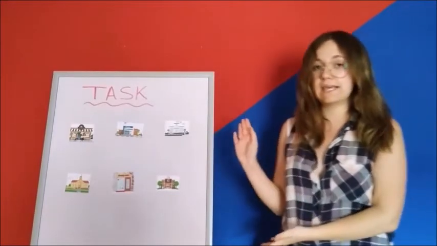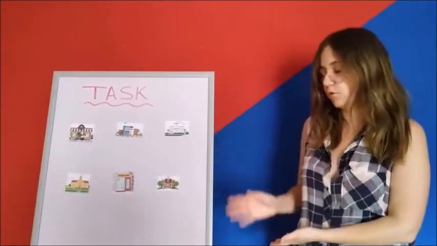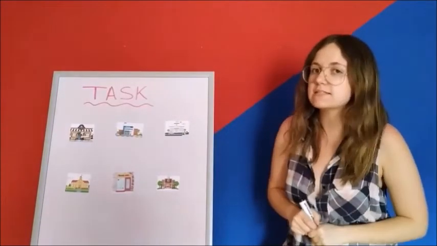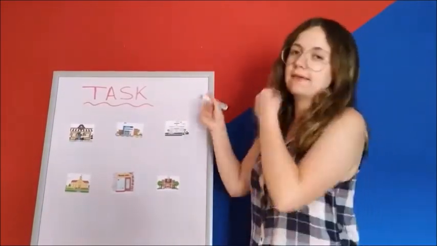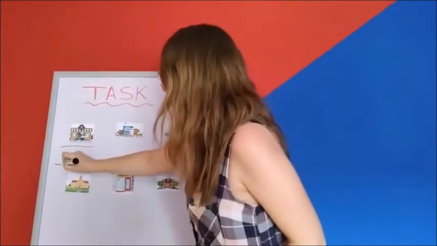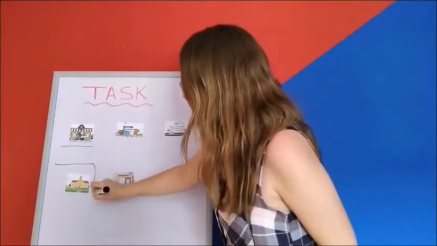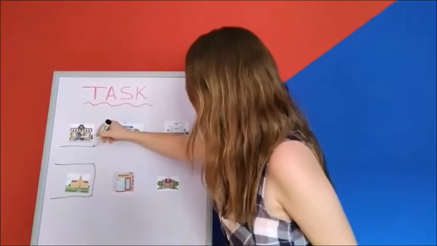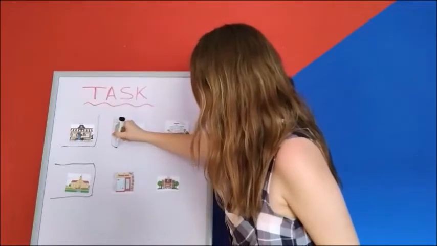So once they have stuck them in the cardboard, they have to draw the different streets. For example, I think that this is very easy. We will put here a street. This will be a corner. Also for this. And going over here.